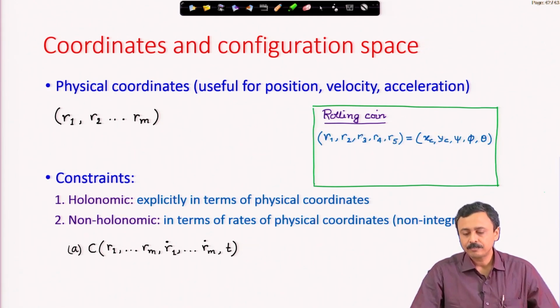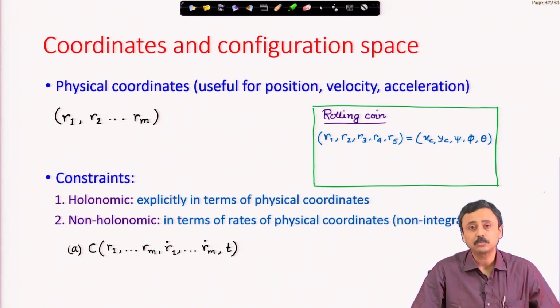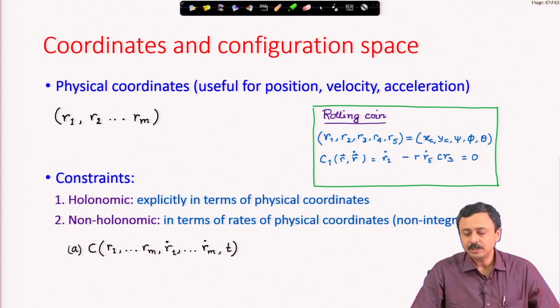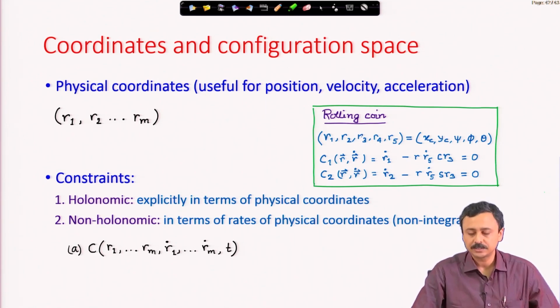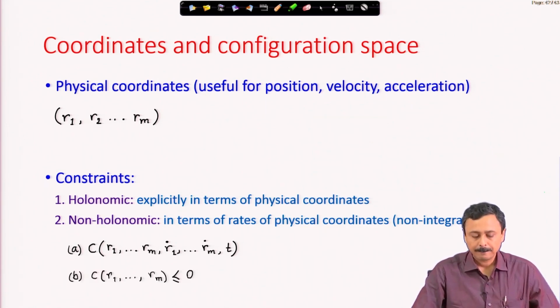We had the physical coordinates r1, r2, r3, r4, r5, which are also generalized coordinates, and we had these non-integrable constraints C1 and C2 as written here in terms of the physical coordinates or even the generalized coordinates.